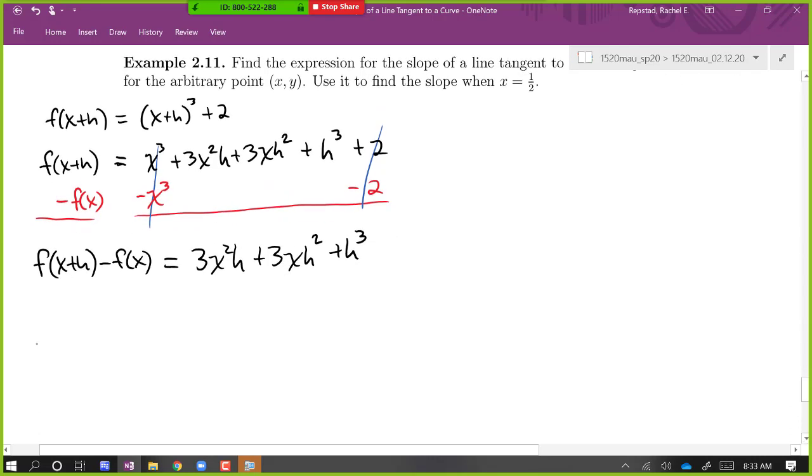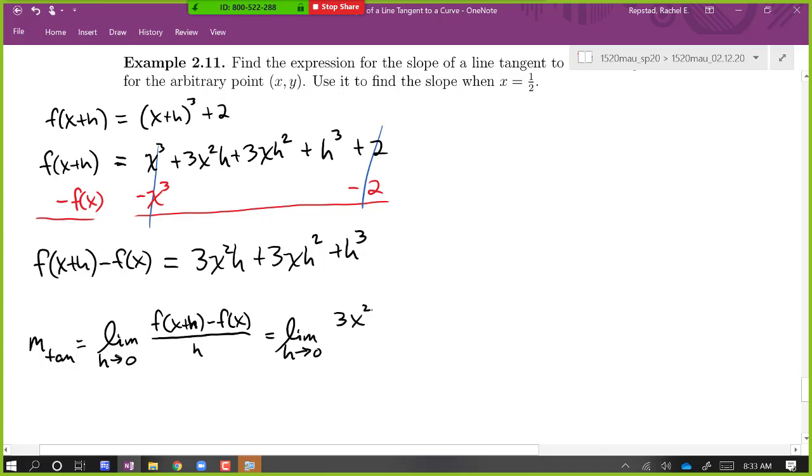So going forward now, to find mtan, we're going to evaluate the limit as h approaches 0 of f of x plus h minus f of x, all over h. Oops, that's an x squared h in the beginning.